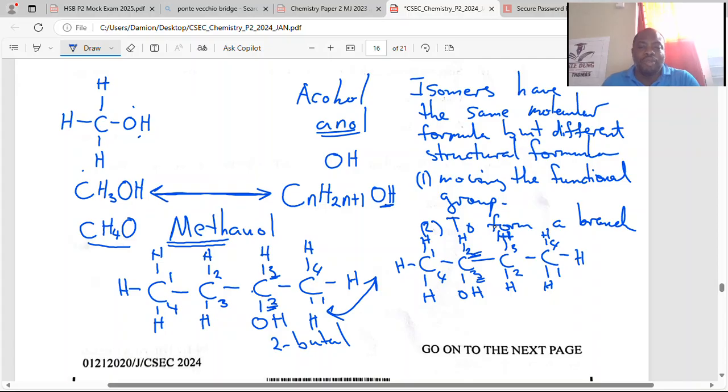And I hope that we're now seeing the importance of why we have to be able to number the carbons so that they get the lowest. Even if it comes down this side here, really and truly you have to start numbering so that it gets the lowest number. So technically, this is still 2-butanol.